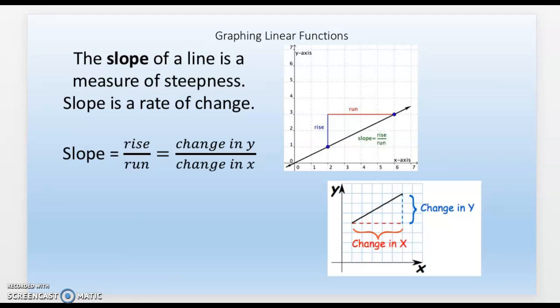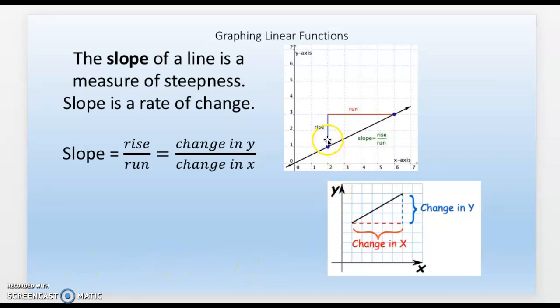And that's a way that we can measure the rate of change of some relationship between an input and an output. Slope, we sometimes call it rise over run. So it's a change in the y, the change in the output, over the change in the input, the corresponding change from the input.